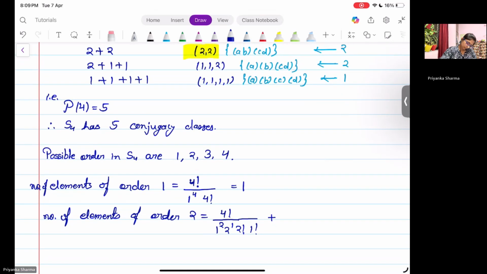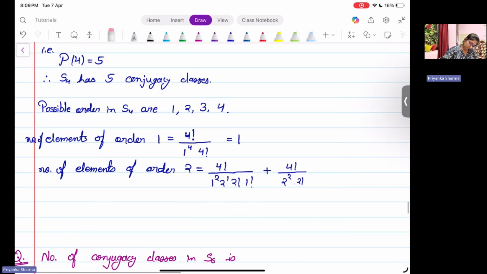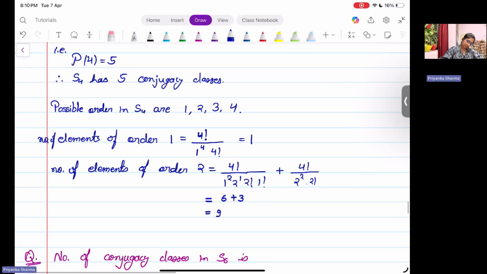So this will contribute how many elements? Factorial 4 divided by 2 to the power 2 and factorial 2. Okay. This means here we will have 6, and here we will have 3, that is 9 elements.